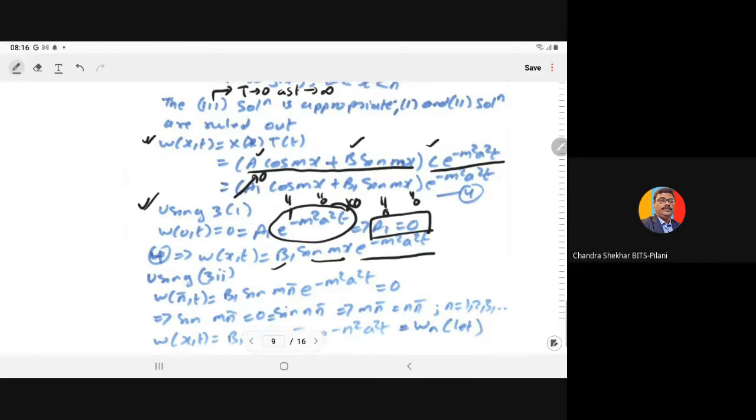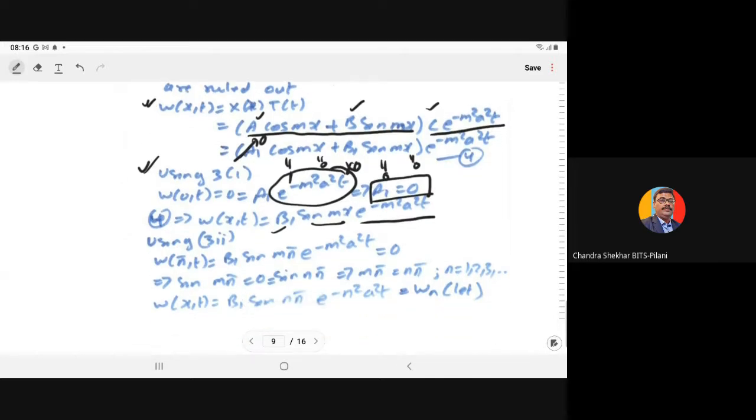Now we put the second boundary condition: w at x equal to pi is equal to 0. It becomes b1 sin m pi e to the power minus m square a square t equal to 0.